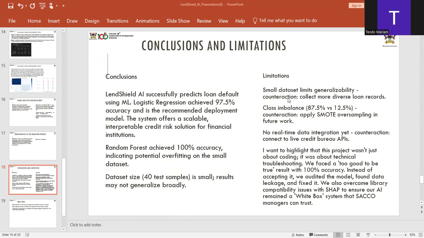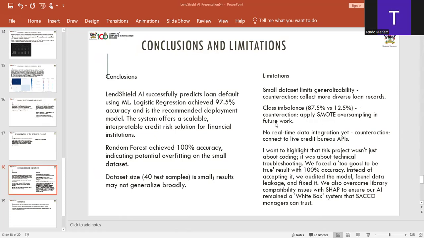The limitation I had was the small dataset. The dataset had a lot of restrictions from where I extracted it, so it was hard for me to get a lot of data since it was a government institution.